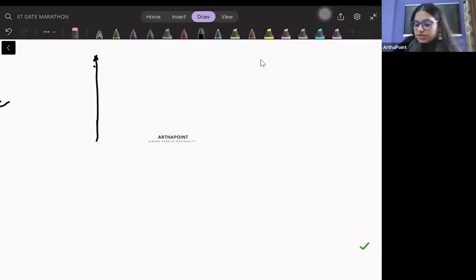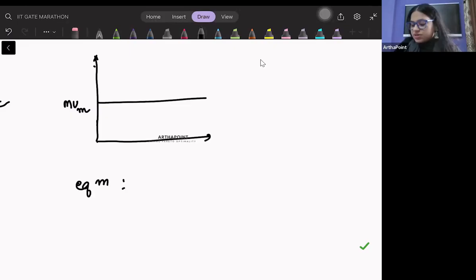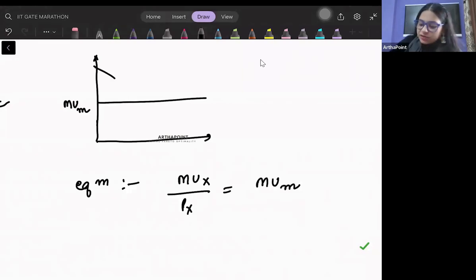So beta, what he did is he assumed that imagine that you have constant marginal utility of income. And उन्होंने क्या equilibrium discuss किया था that MUX by PX should be equal to MUM. So he made a curve and he called this curve as MUX by PX curve.